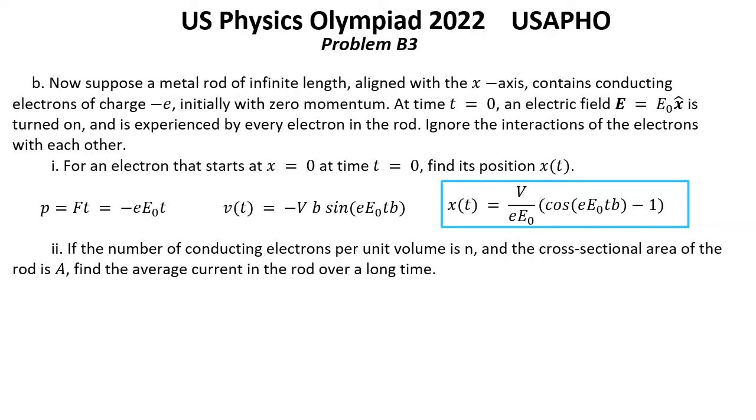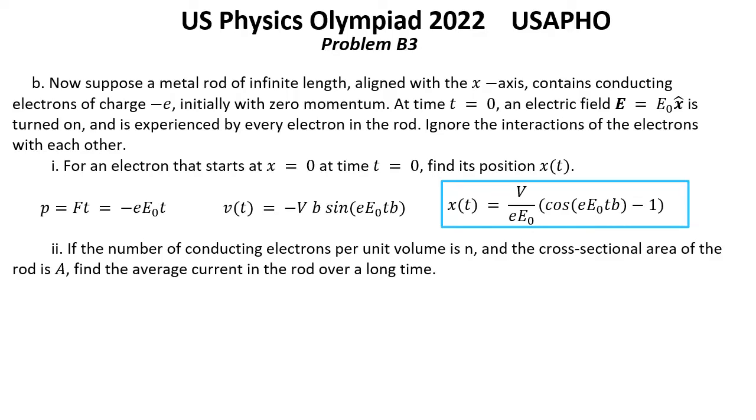Integrating both sides, we have x as a function of t equal this expression, which is the solution for the first question. Question 2. If the number of conducting electrons per unit volume is n and the cross-sectional area of the rod is A, find the average current in the rod over a long time.